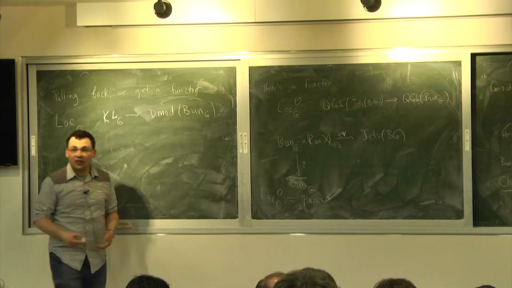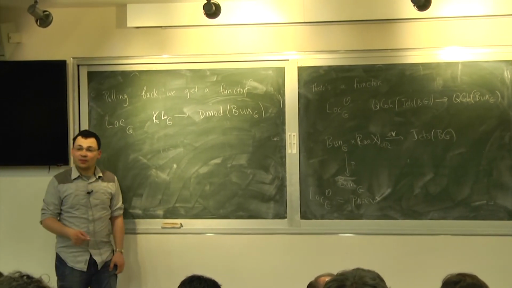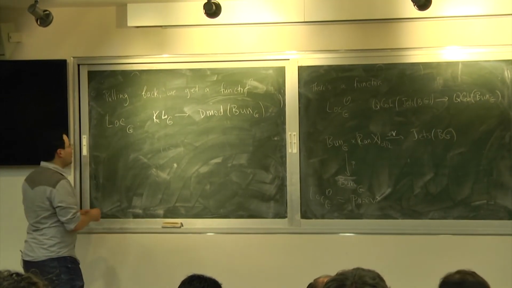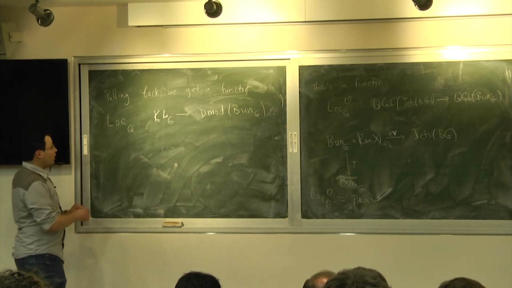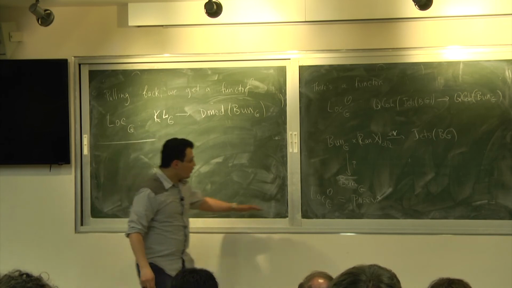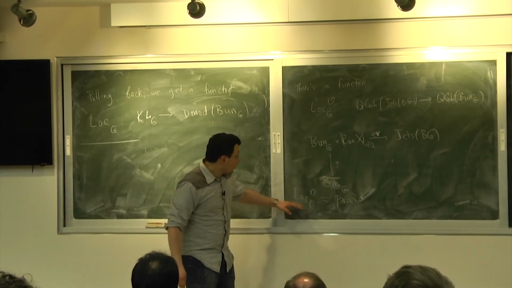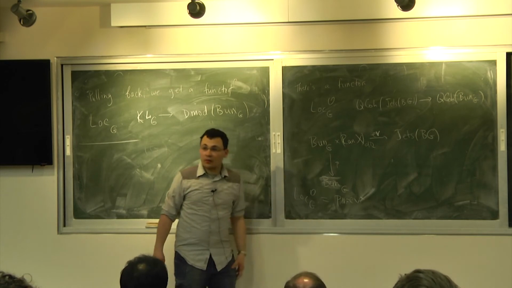So as I said, you might wonder why you need a different description than the one you gave. Let me try to answer that question. We saw yesterday that the corresponding functor for local systems had an adjoint that was fully faithful.